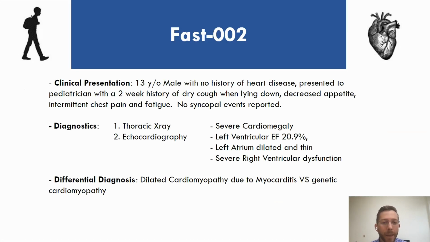So at the time, it was thought that this patient was most likely experiencing a form of dilated cardiomyopathy. But the type of dilated cardiomyopathy was not clear. It could be due to myocarditis, which is an inflammatory process within the heart, or a genetic cardiomyopathy. And for these types of diseases, it's really important to identify what the cause of the dilated cardiomyopathy is.